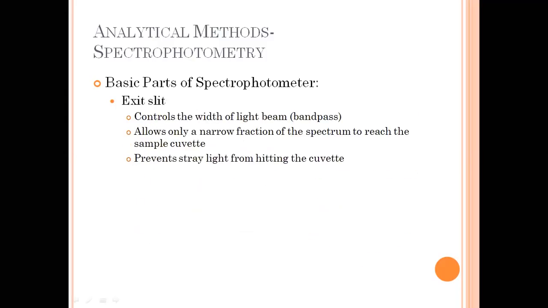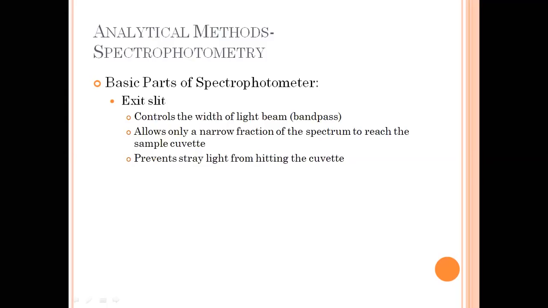With the exit slit, this part of the spectrophotometer controls the width of the light beam, or the so-called bandpass. It allows only a narrow fraction of the spectrum to reach the sample cuvette. Also, this one prevents stray light from hitting the cuvette. So, just in case there is still stray light that gets in, that unwanted, undesired light should not hit the cuvette.